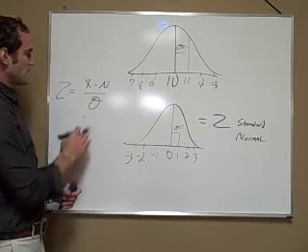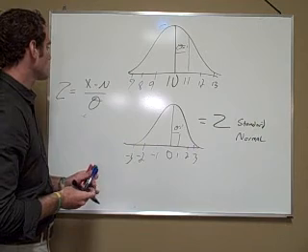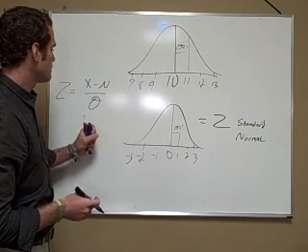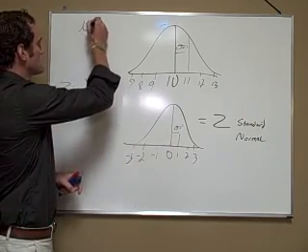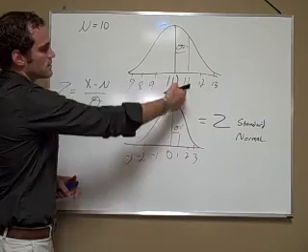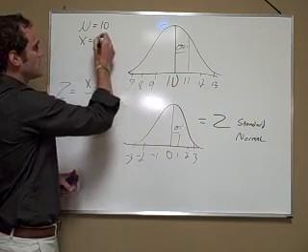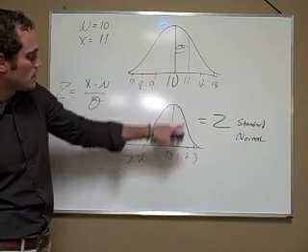So x minus mu, mu is, in this case, 10. And x will be whatever we want it to be, but in this case, let's just make it 11. Now, you have the cheat right below.